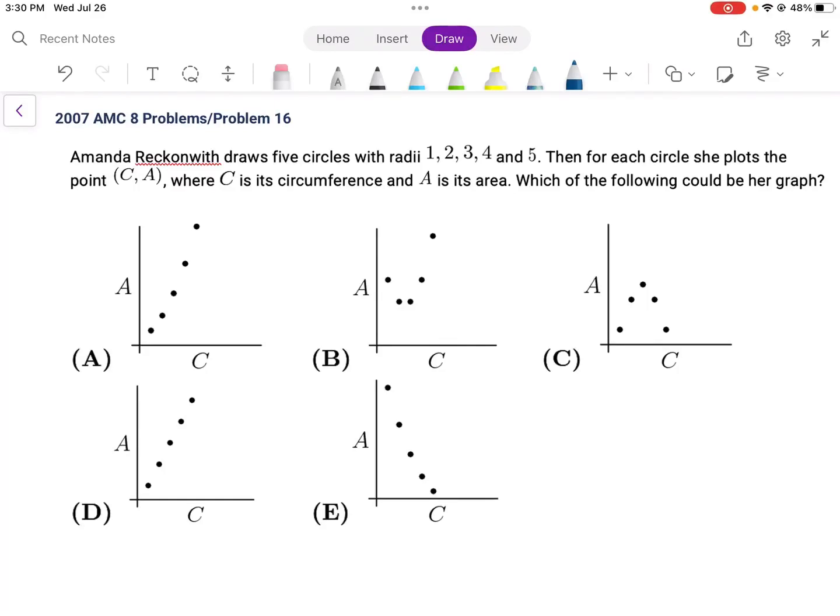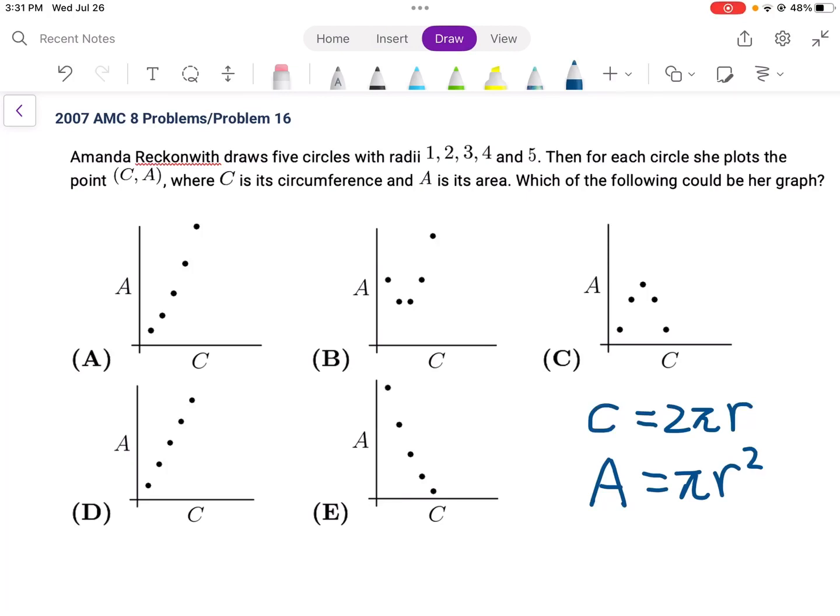Problem 16. We know that the circumference of a circle equals 2 pi times its radius, and the area of a circle A equals pi r squared. Therefore, the circumference increases linearly with its radius, while the area increases as the square of the radius.